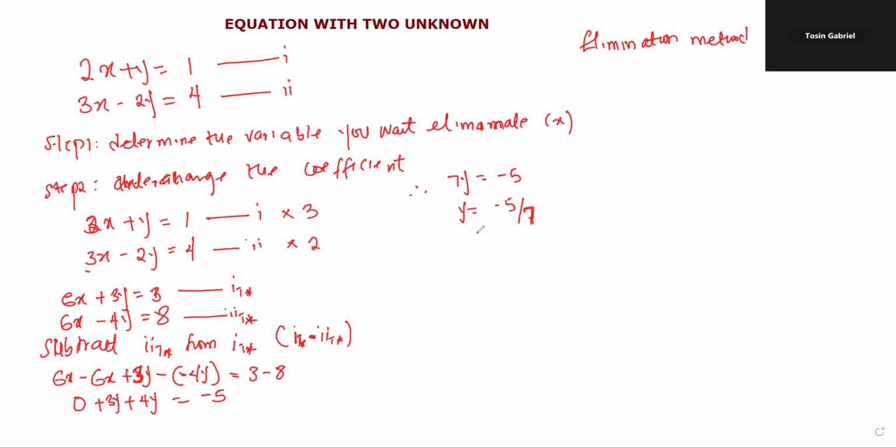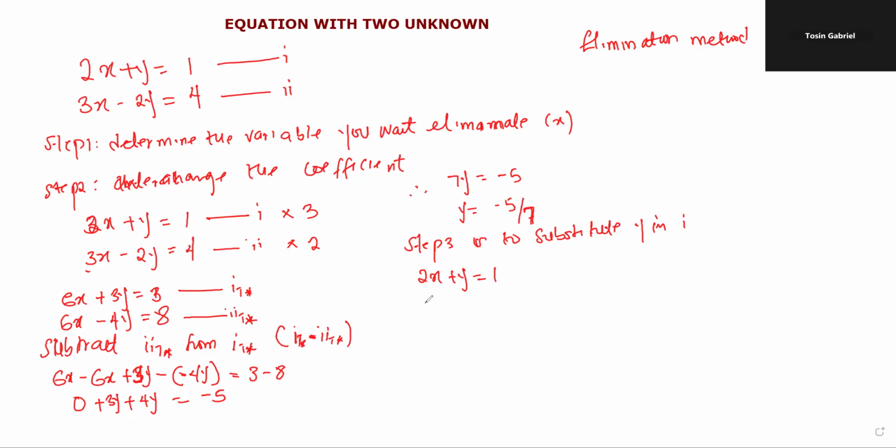Then since we have gotten the value for y, step 3 is to substitute y into any of the equations. Let's just say equation 1. So you can say 2x plus y equals 1. Anywhere we see y, we are going to put minus 5 over 7.